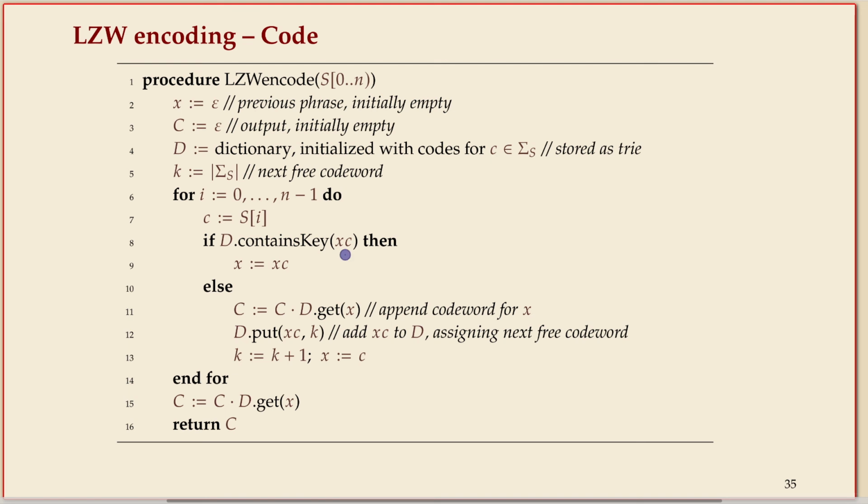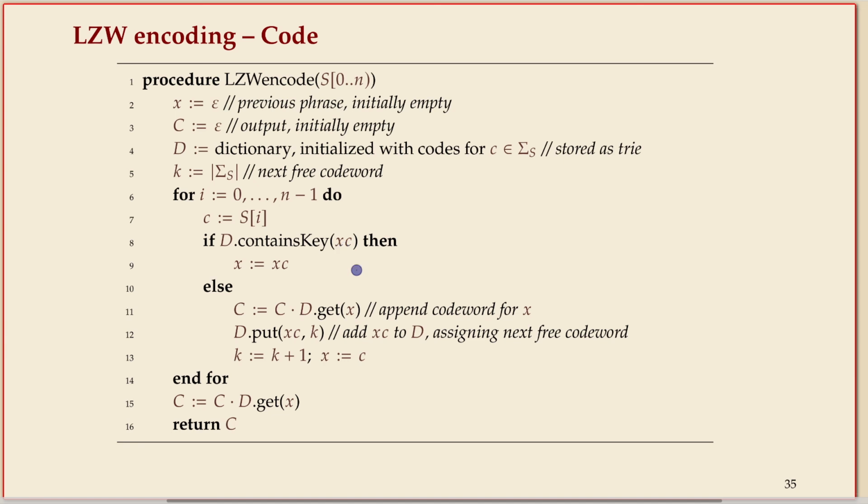And then we ask the dictionary, have you seen whatever was the previous step plus this new character? And if so, then we go one step down in the trie, and we continue with the for loop. So we try to find the longest match. As long as we can traverse an edge in the trie, we keep doing that.